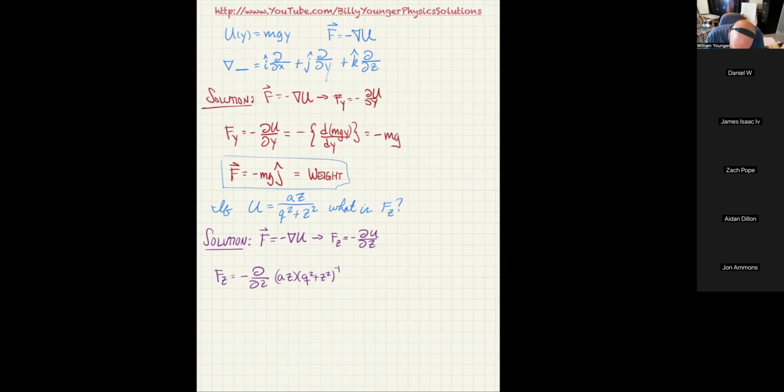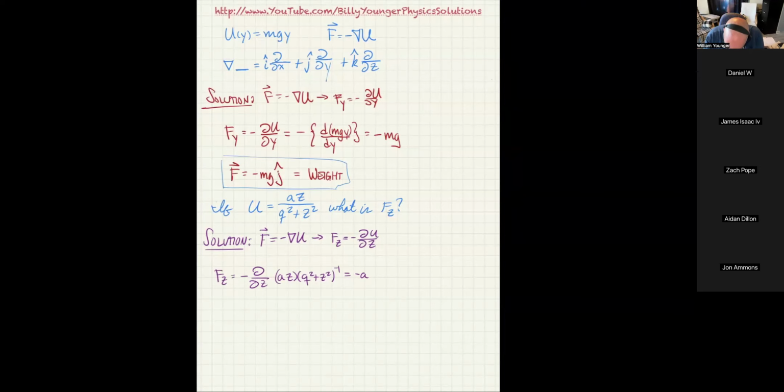So the A can come out in front for starters. So I'm just going to put the negative A out here. But in doing the product rule, I can take the derivative of the first one and just multiply that times the second factor plus the derivative of the second factor times just the plain first factor. I can do that now.